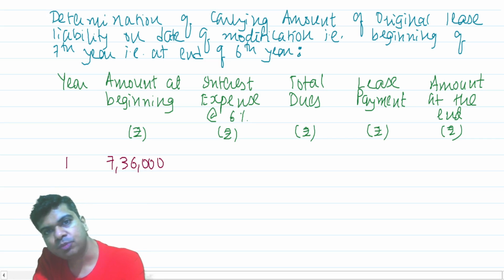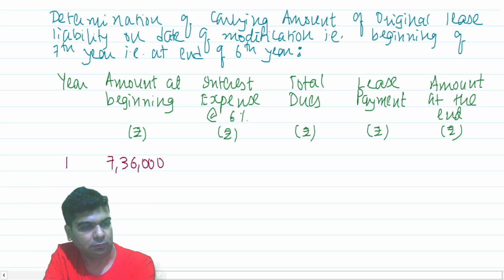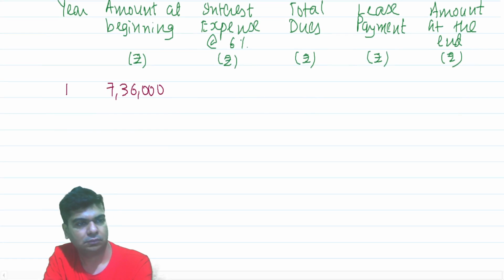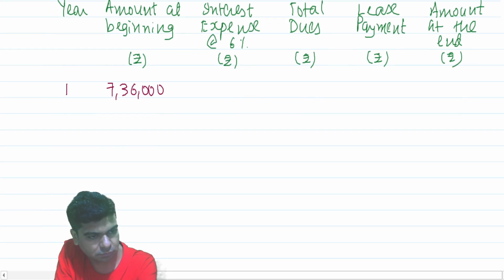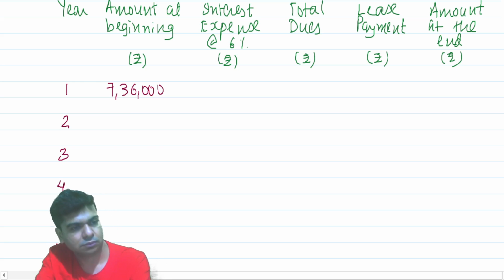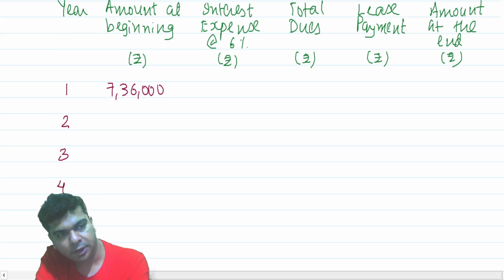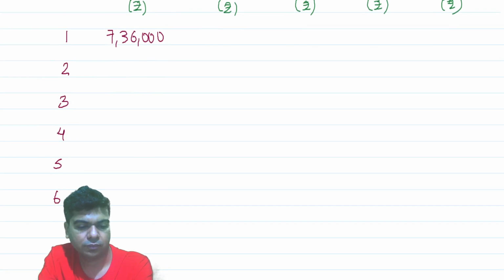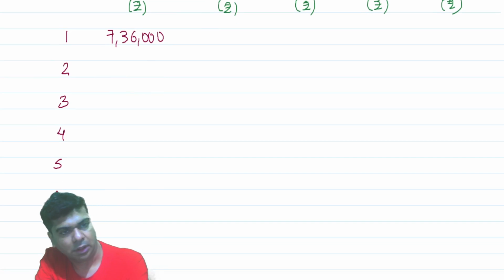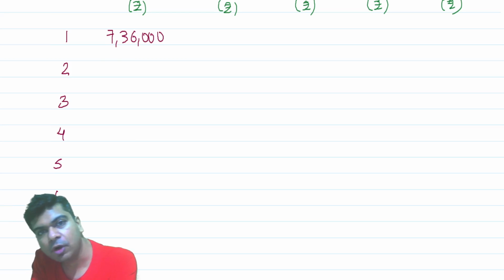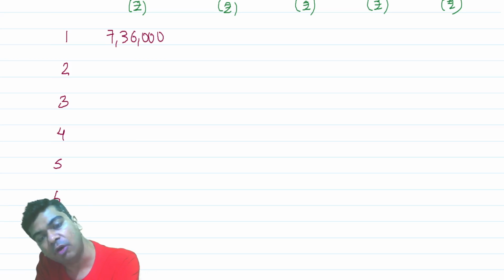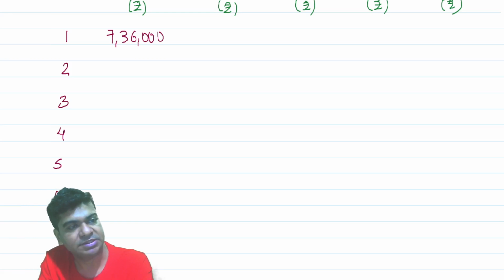If you are still writing, just pause the video here and complete it. Introduce 6 years in your calculation. Although the lease is for originally 10 years, but I will not do calculation for 10 years. I simply want the balance on the date of modification, right? That's the reason.